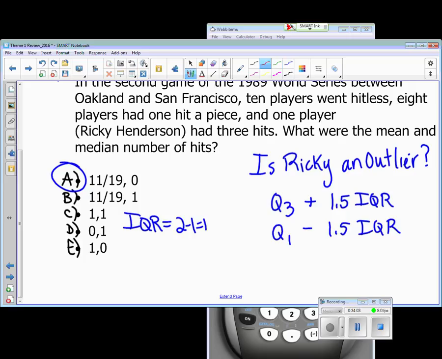So our upper fence is going to be 2 plus 1.5, I'm a liar, 1 plus 1.5 times 1, which is 2.5. That's my upper fence. My lower fence is going to be 1 minus 1. Actually, was quartile 1, 1 or 0? 0, wasn't it?